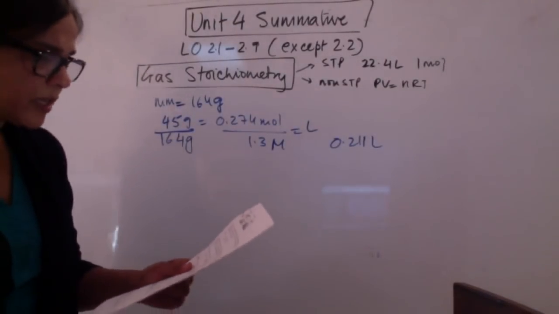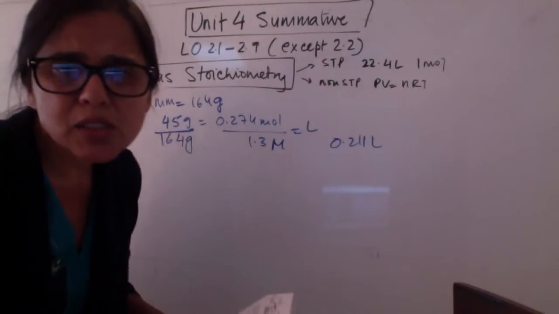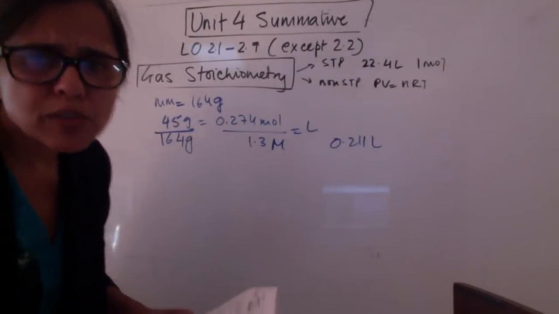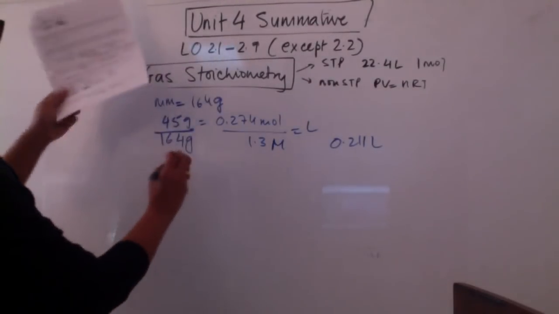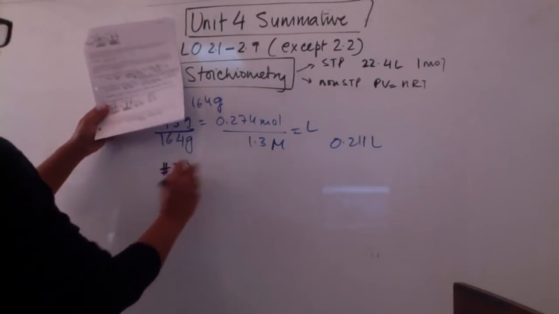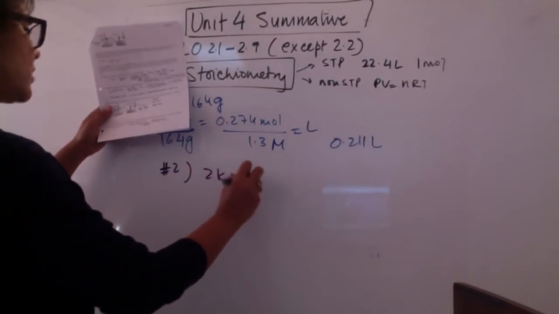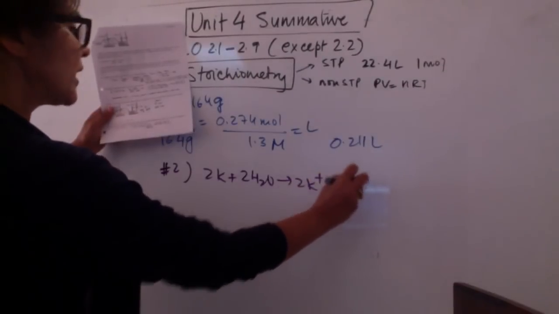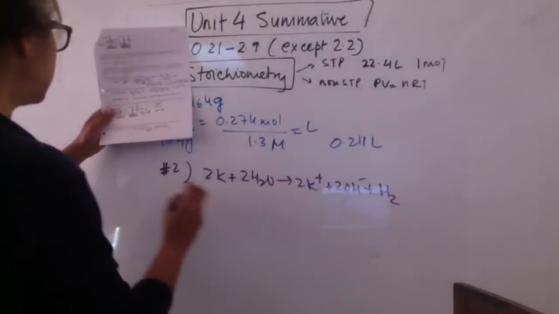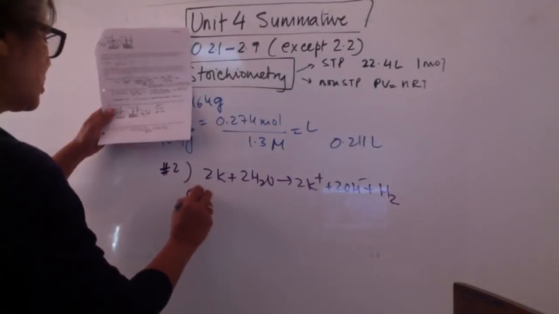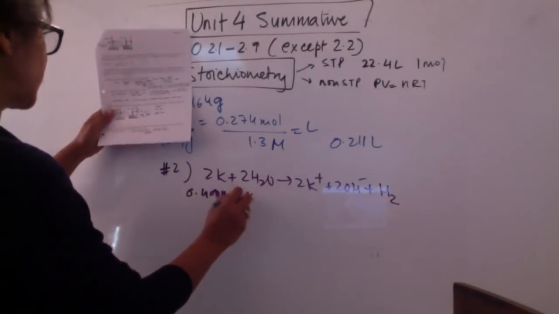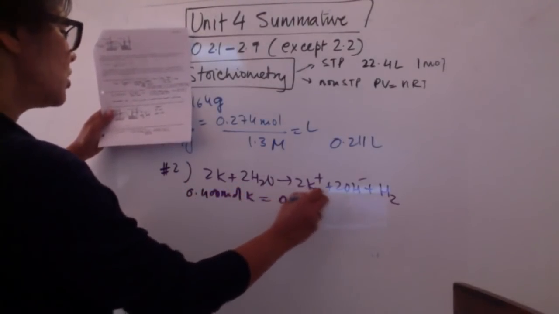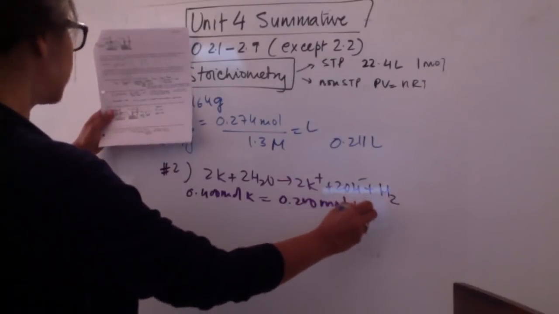Okay, so Karina's problem is 2.46, number 2. There is 2K plus 2H2O gives you 2K plus 2OH minus plus H2. And they say 0.4 moles of potassium. That means 0.2 moles of hydrogen using mole ratio.